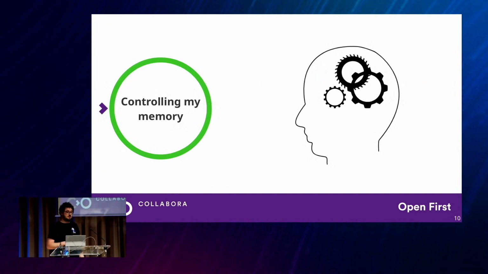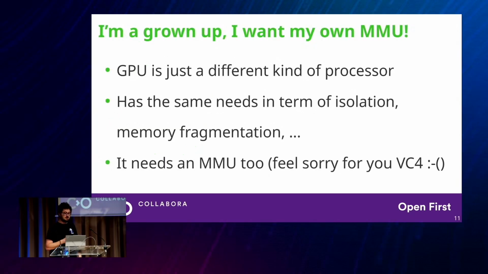So let's have a look at the first item I listed, memory management. As for the CPU, if we want to do things seriously, we need some isolation, and that's what an MMU provides. Thanks to the MMU, each GPU context can be isolated from its neighbor, and you can easily map memory without having to deal with memory fragmentation and that sort of stuff.